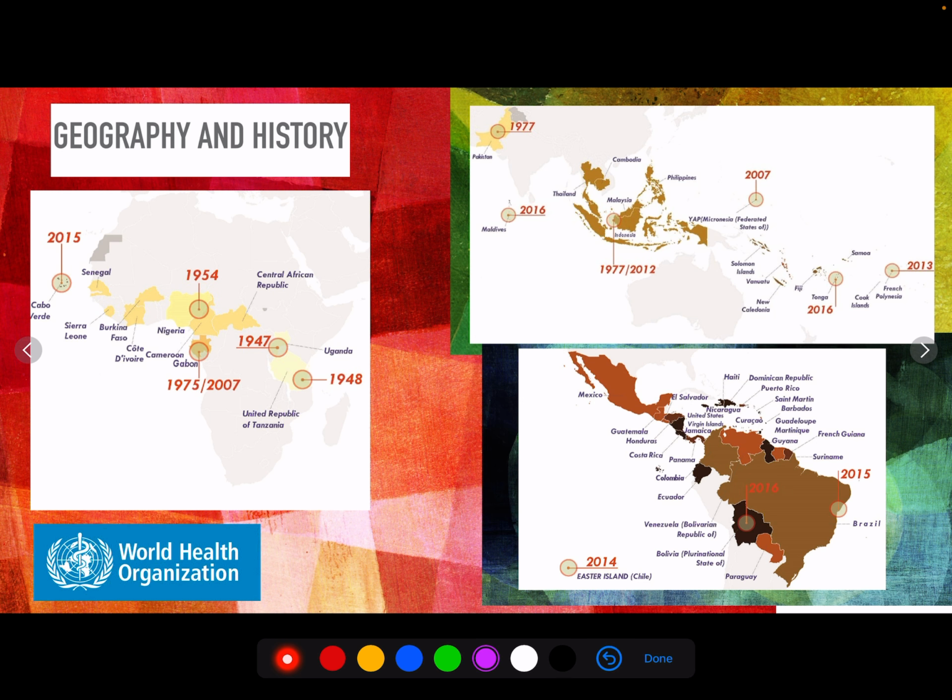Then in 2007, it spread from Africa to Asia, with the first large outbreak on the Pacific island of Yap in Micronesia. After that, from 2013 to 2014, the virus caused outbreaks in the Pacific Islands, including French Indonesia, Eastern Islands, Cook Islands, and New Caledonia.